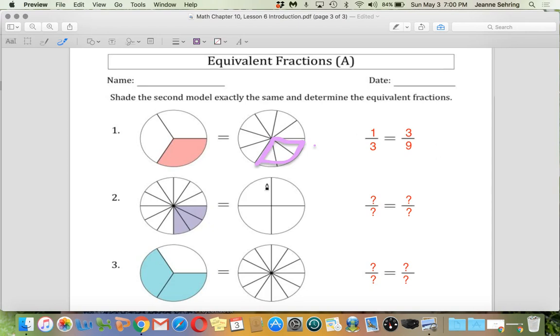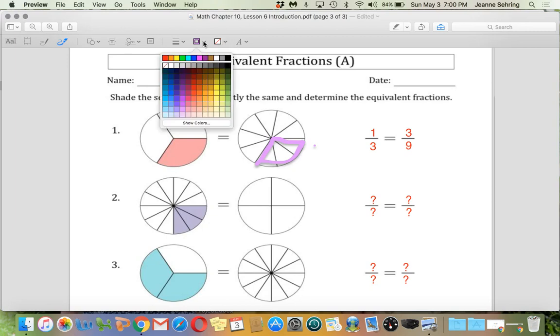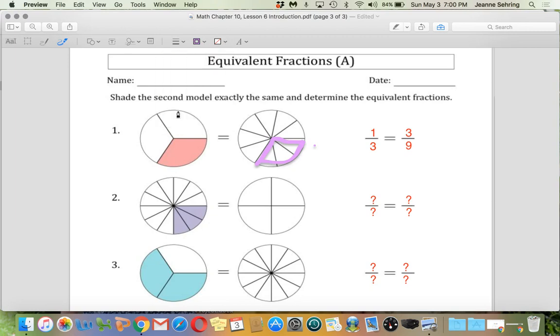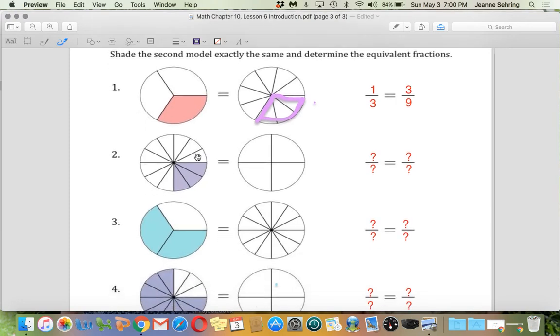Now, let's look here. I'm going to try to change my color. Let's see if I can make it kind of purpley. So here we have a circle that is divided into 12 parts. Here we have a circle that's divided into 4 parts. So they have shaded 3 parts here. And if I shade this one, please work. Yes.